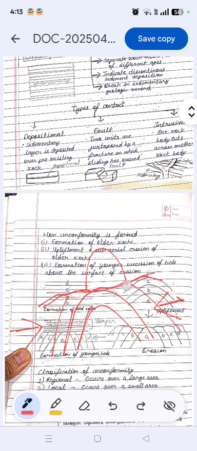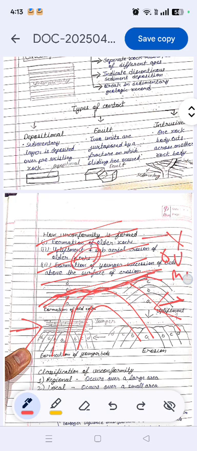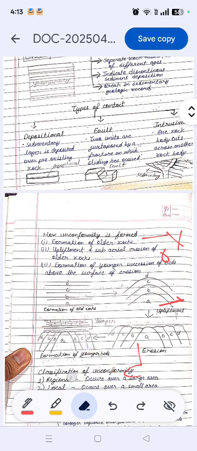Firstly it was like this, and due to erosion it became like this, and now younger layers will be deposited here like this. So this is the unconformity surface, and now these are the younger layers, and these are the older layers. So that's it for today's video. Thank you.